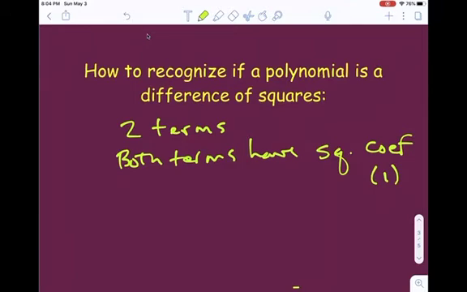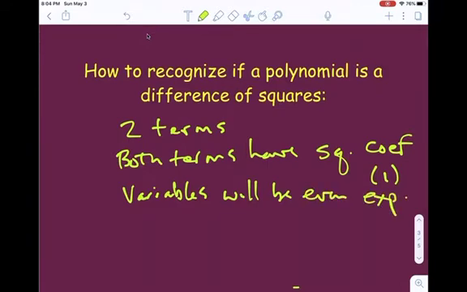So any number in front of it, either listed or not listed, is going to be a square number. And then the variables will have even exponents. I wrote that kind of awkwardly, but I think you get what I'm driving at.